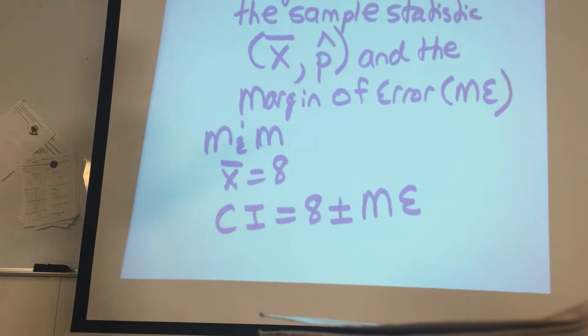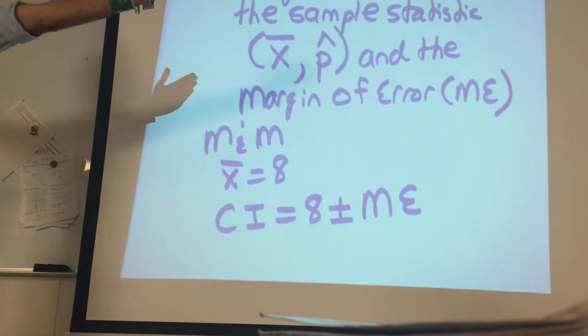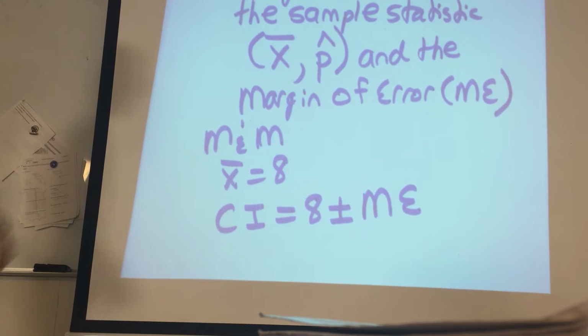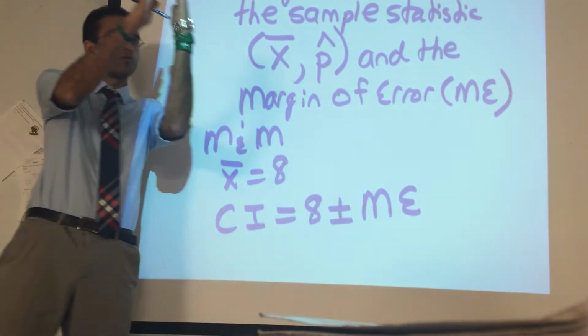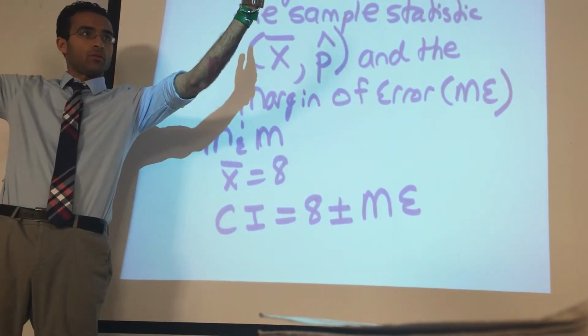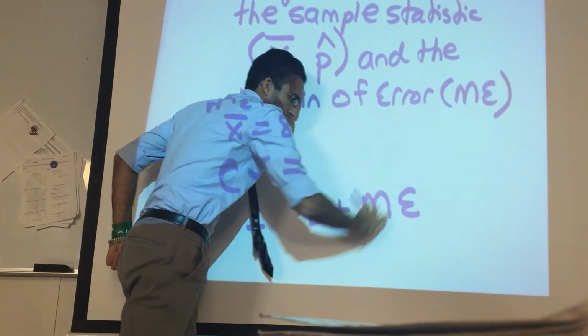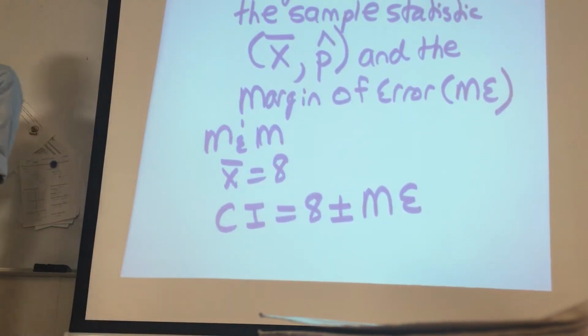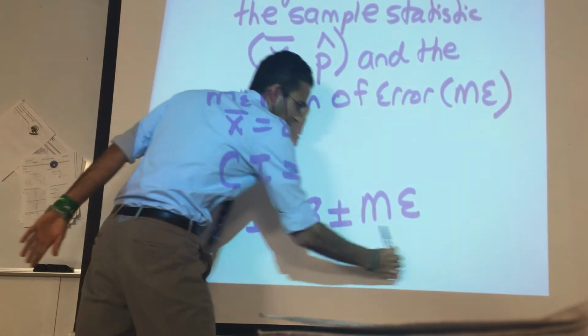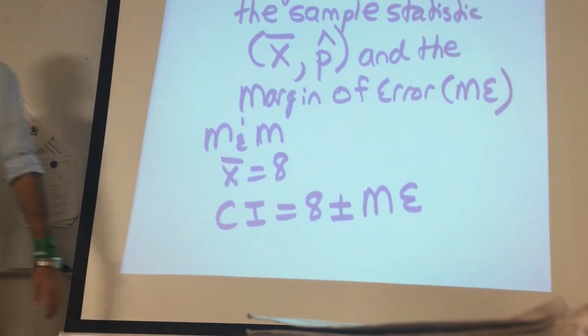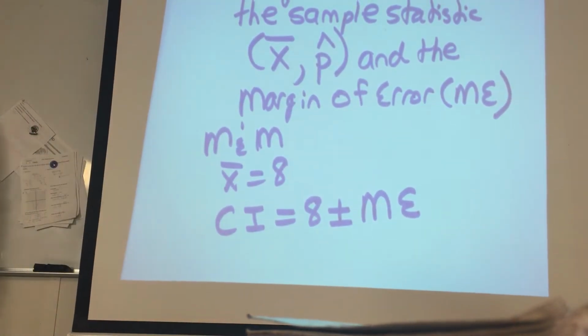That's what we got from the sample. But then to create the interval we need to add and subtract, because remember the interval goes in 2 ways. This is the so-called margin of error. And now we're going to talk about how you get this. It's just a calculation, just some arithmetic.